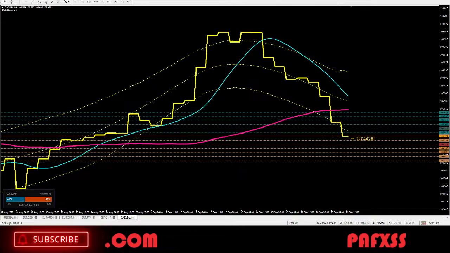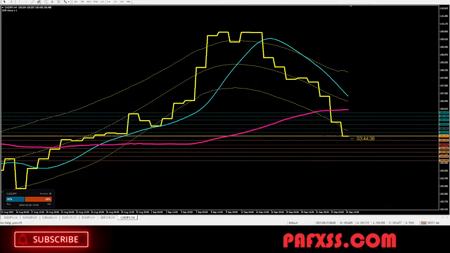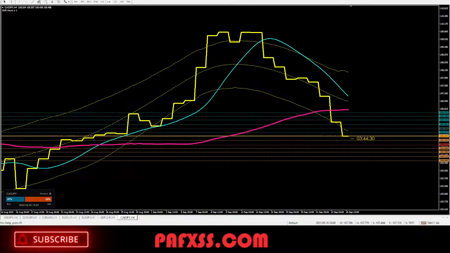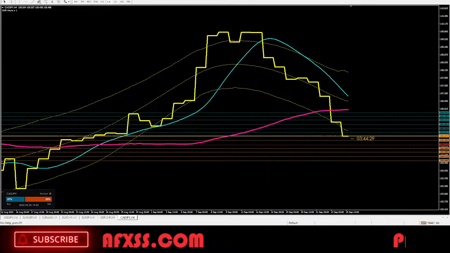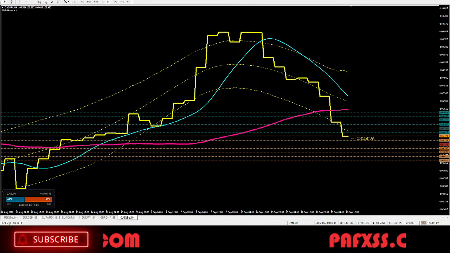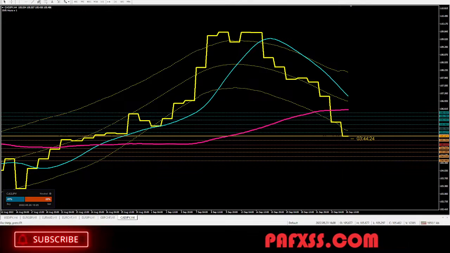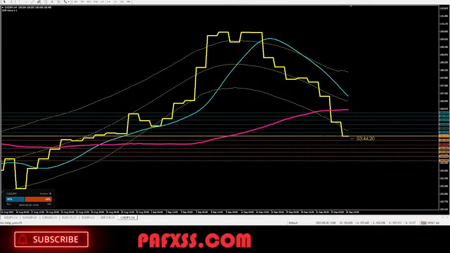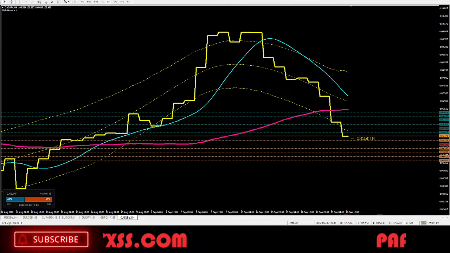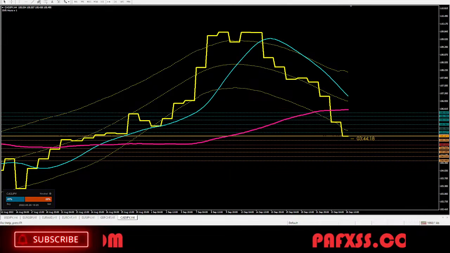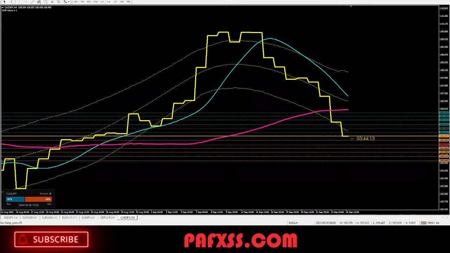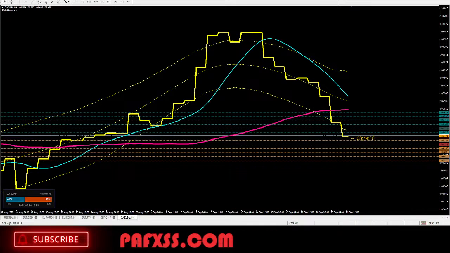This one here is a good example, but as you can see, the trend line has crossed over the middle line channel, and the 200 MA is below the middle line channel. But the NT line is still above the middle line channel, so you want to wait until the NT line crosses the middle line channel.